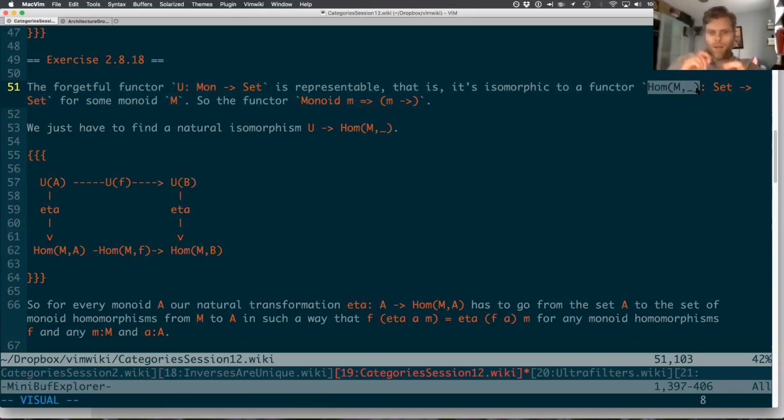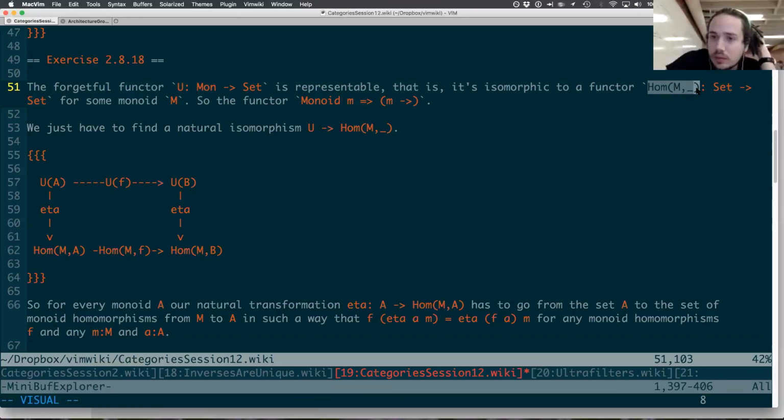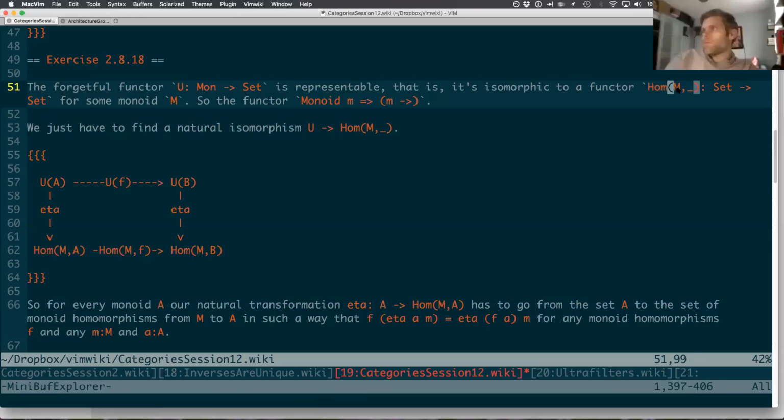It's the set of monoid homomorphisms from M, right? Even though M is an object in Mon, the set of arrows out of M is in Set. Right. So this is an endofunctor in Set.